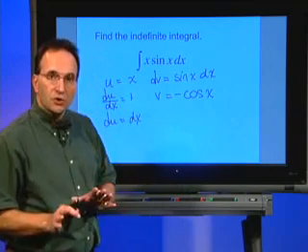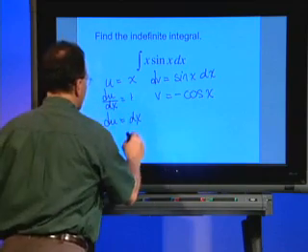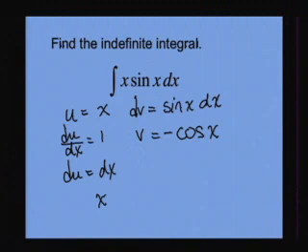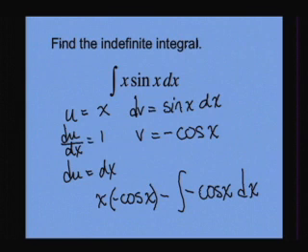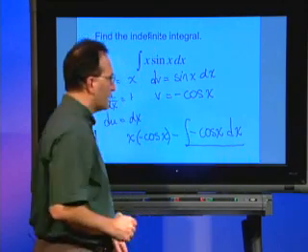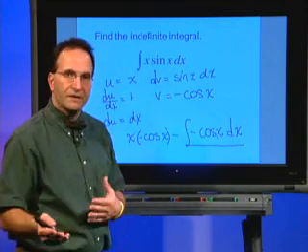We take u times v, so u is x, times v, which is negative cosine x, and then we subtract the integral of v, which is minus cosine x, dx. Now we can continue with the integration, because we can integrate negative cosine x dx very easily.